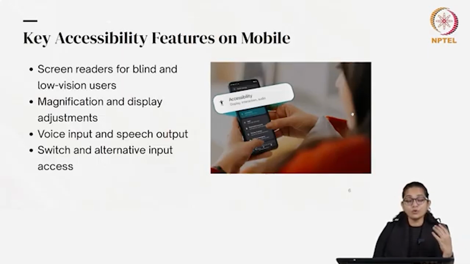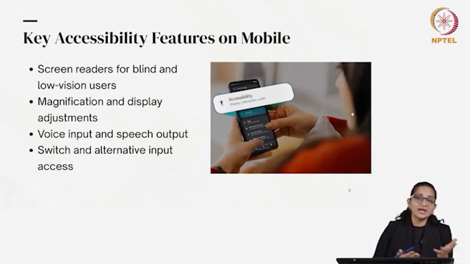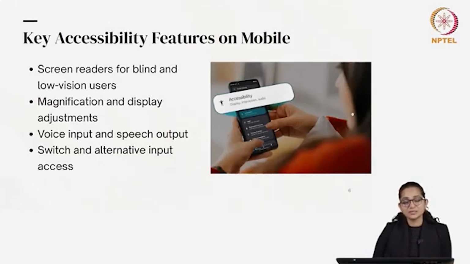Then there can be voice or speech input. Now, iOS users have Siri, and Android users have OK Google interfaces, where you don't even need to navigate to a certain app.